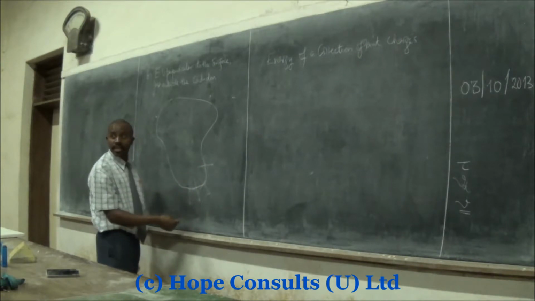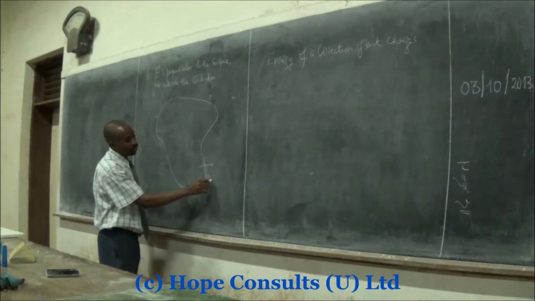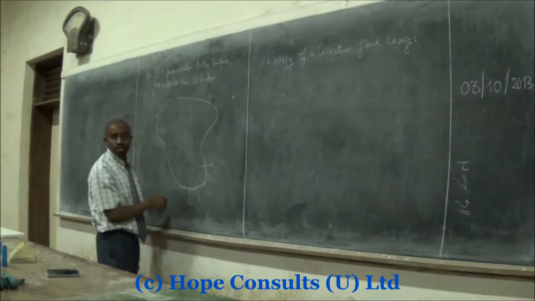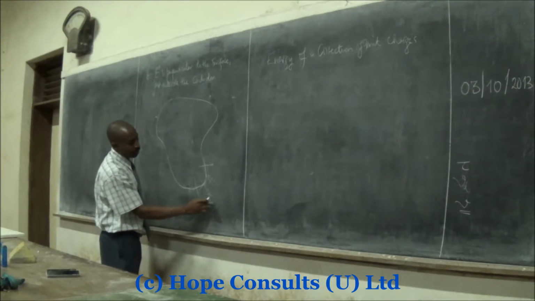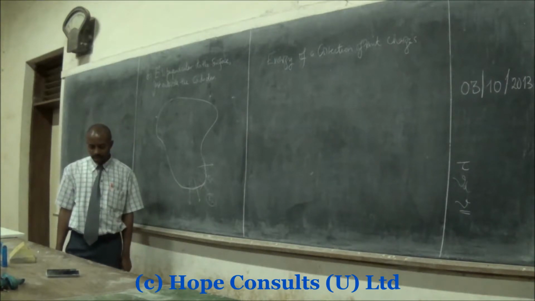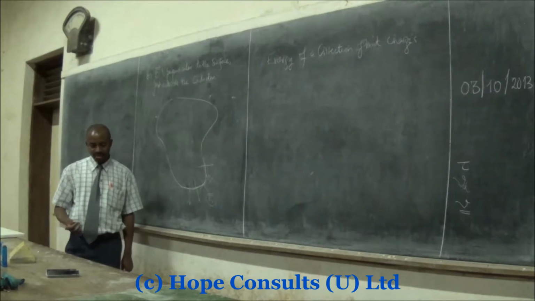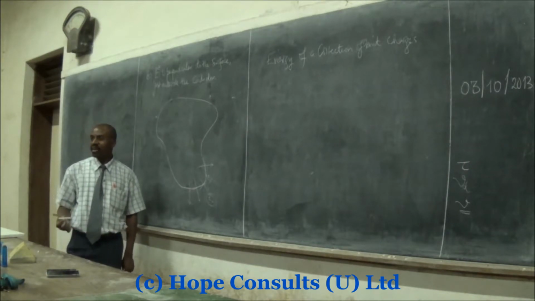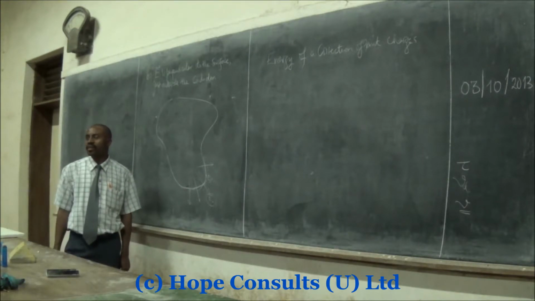On the other hand, the tangential component to the surface is equal to 0. So the tangential component is equal to 0, but the perpendicular component is the one which exists. The electric field intensity is outward, not radial. Radial means it is along the radius, right? It is outward, perpendicular to the surface.